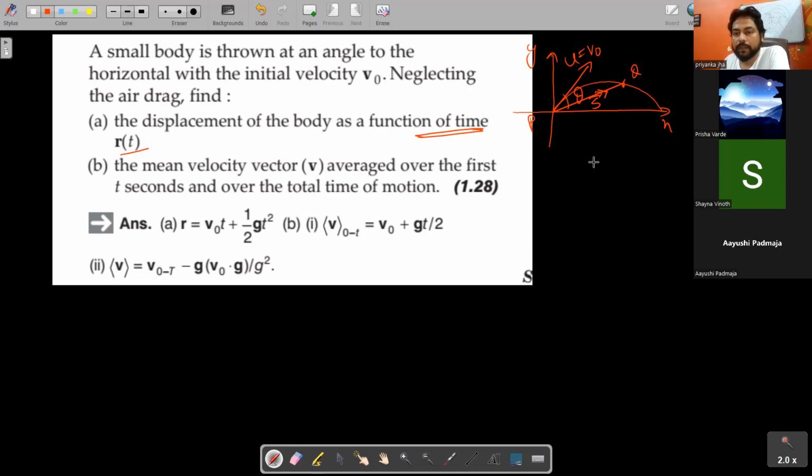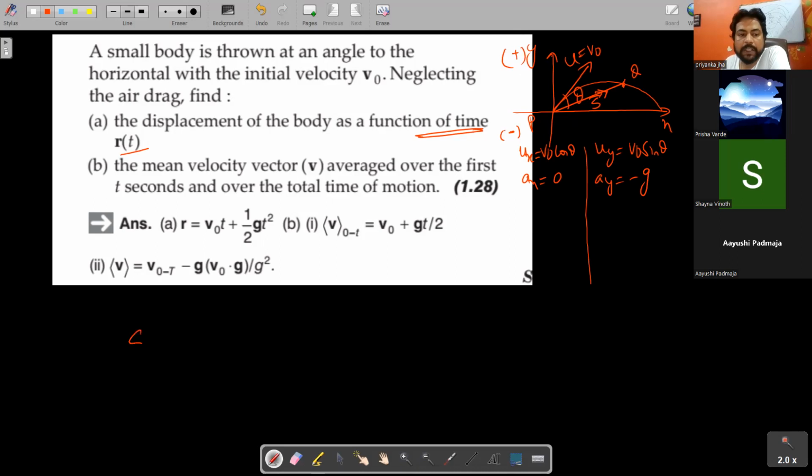See, just make a table. Ux is what? V naught cos theta. Uy is what? V naught sin theta. Ax is what? 0. Ay is what? Minus g, suppose I take upward as positive and downward as negative. Now I have to find displacement.